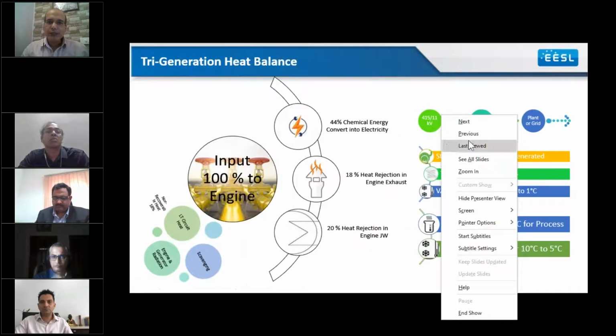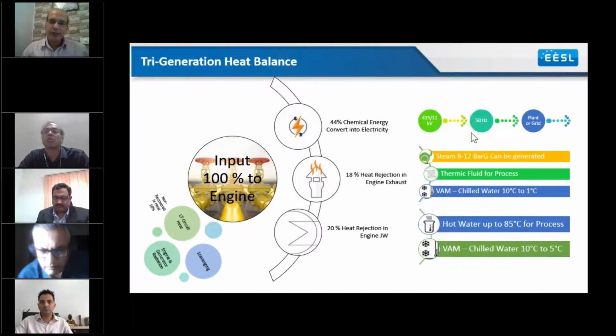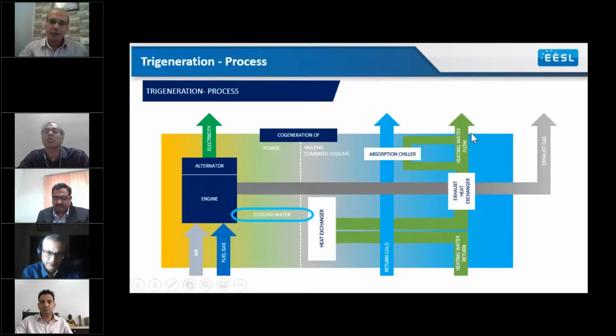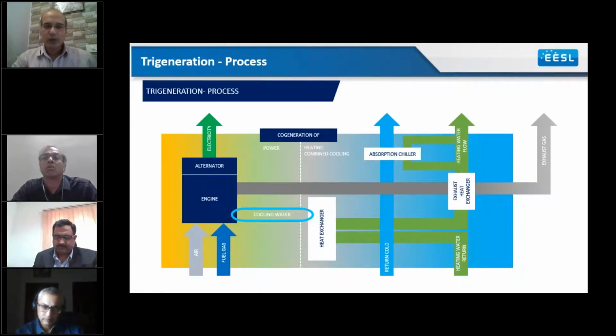One is exhaust heat, and another is cooling jacket water. We can provide steam from the exhaust heat, or we can convert the exhaust heat into chilled water by using a vapor absorption chiller.